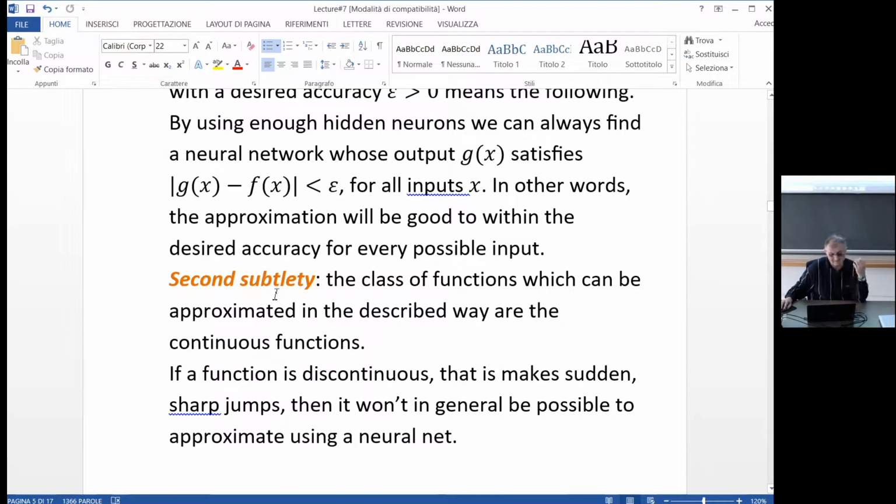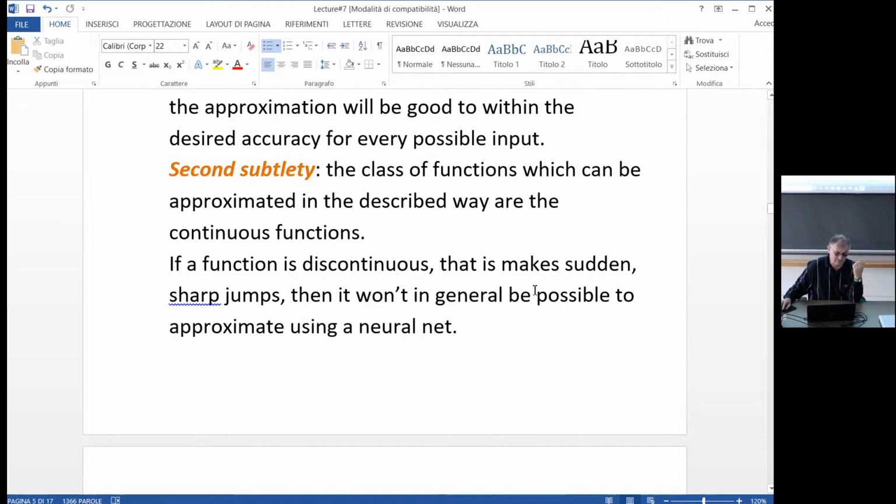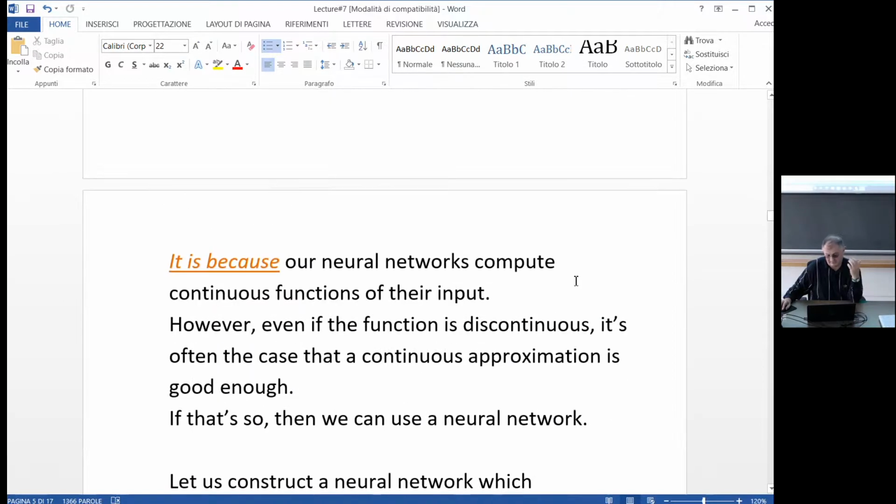And second subtlety, the class of functions which can be approximated in the desired way are the continuous functions. I talked about this problem.